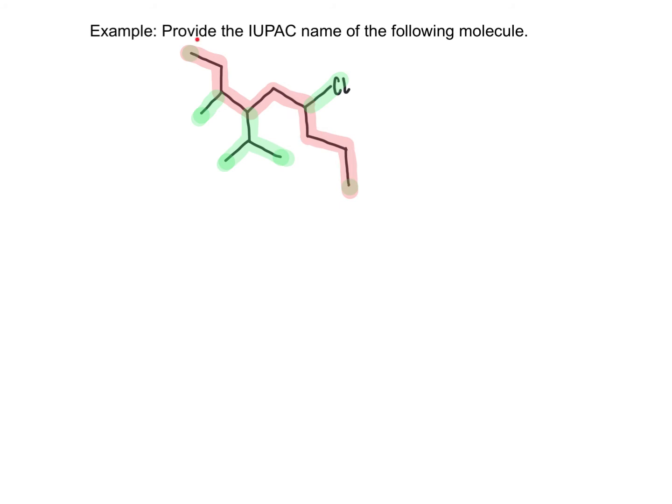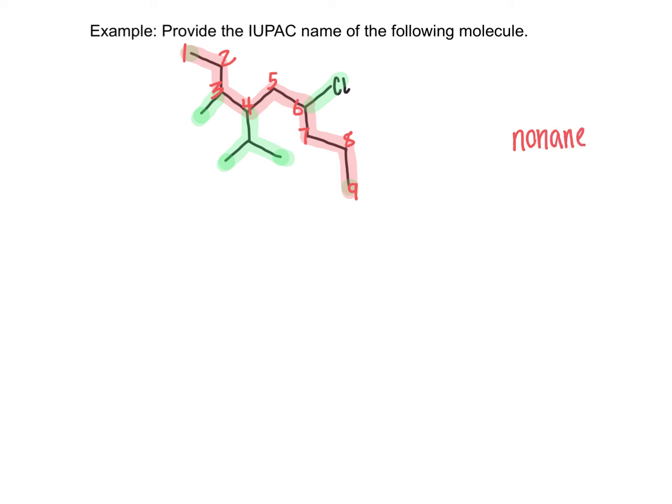Therefore the correct place to start is over here. So I'm going to call this number 1, 2, 3, 4, 5, 6, 7, 8, 9, numbering continuously through that pink highlighted chain. Now with 9 carbons in that longest carbon chain, the parent name for this molecule is nonane.